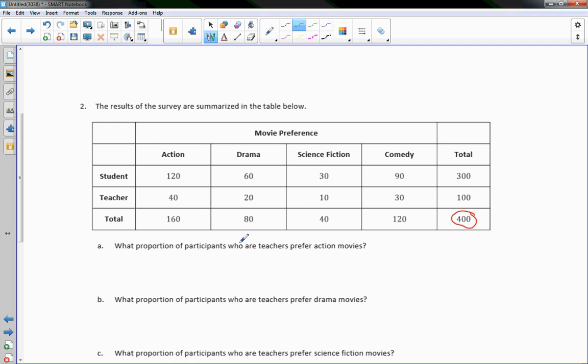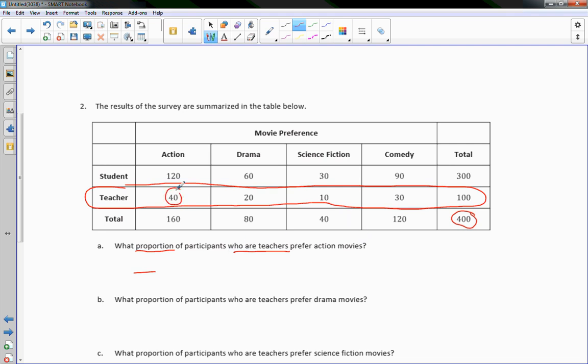What proportion of participants who are teachers prefer action movies? As soon as I see that word proportion, I know it's a fraction. In statistics, it's a fraction. What proportion of participants who are teachers? So now we are focusing on just teachers. So I'm going to circle this. We are talking about that row. What proportion of those participants who are teachers prefer action movies?